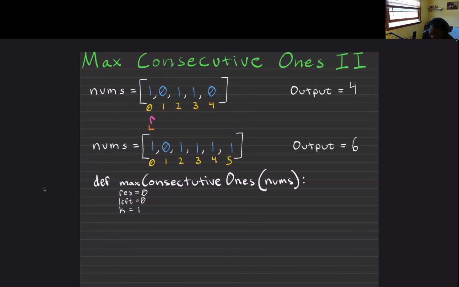All right, we're going to have to do a for loop. Let me clean that up a little bit. I'm going to use enumeration here: for right, num in enumerate nums.